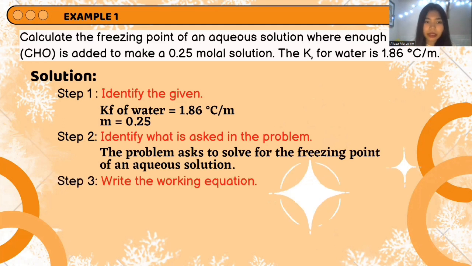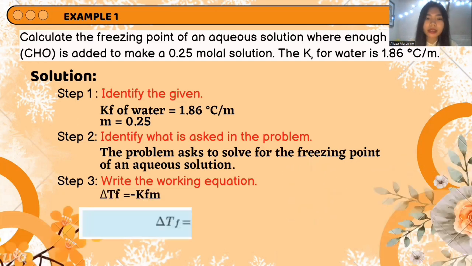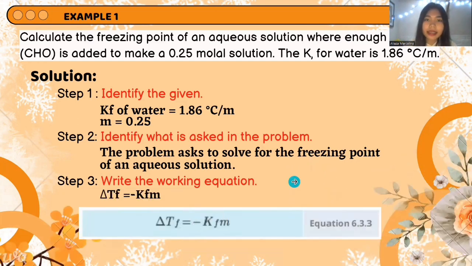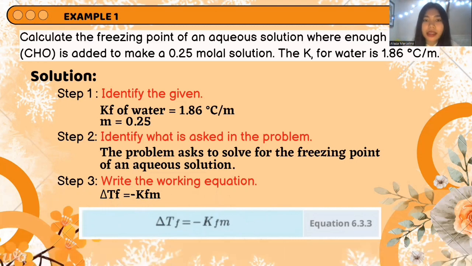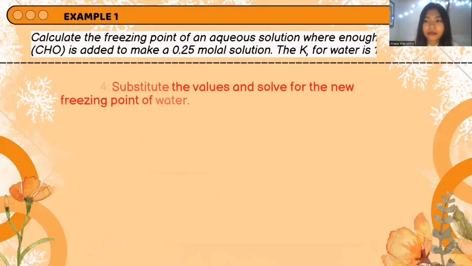Step 3. Write the working equation. And our equation is this. It's read as delta Tf is equal to negative Kf m. Or just look at the picture, so you can understand more clearly. Let's proceed to step 4.